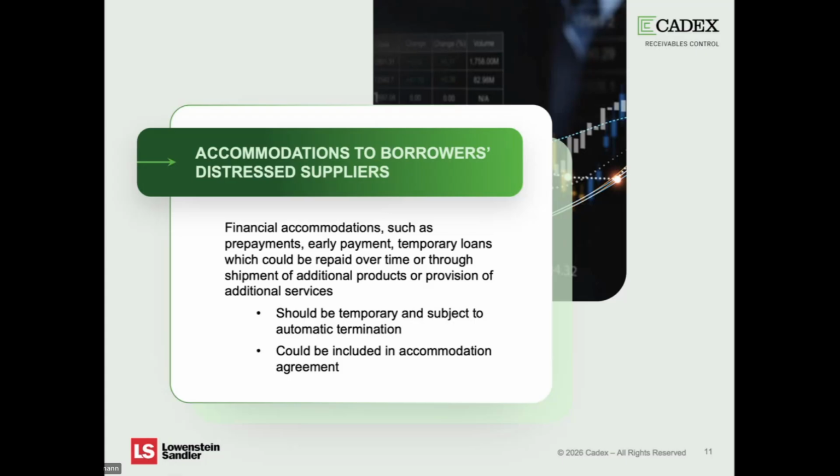Your borrower may be a customer, and they have receivables owing to the distressed supplier, but your terms are, let's say, 60 days. But your supplier needs the liquidity now, so perhaps agreeing to early payment, perhaps temporary loans that would be repaid over time, either through cash or in kind.